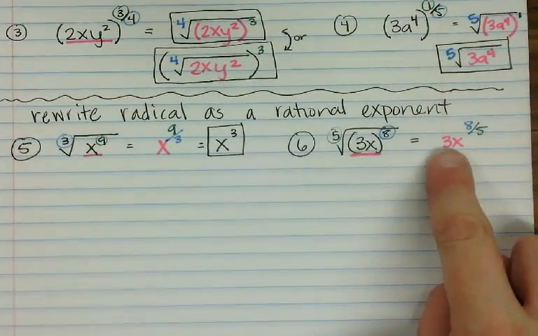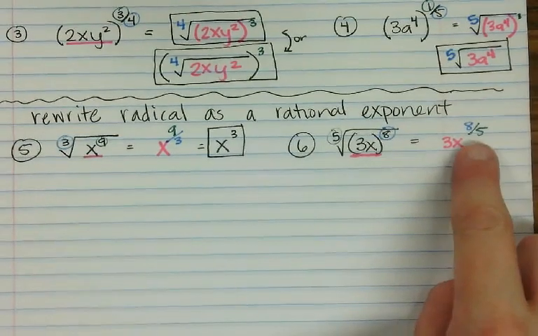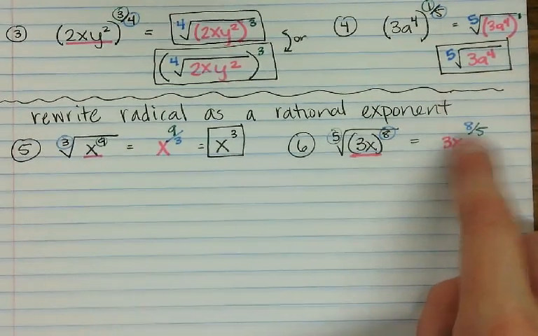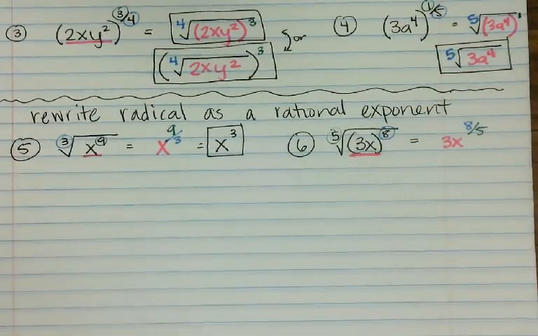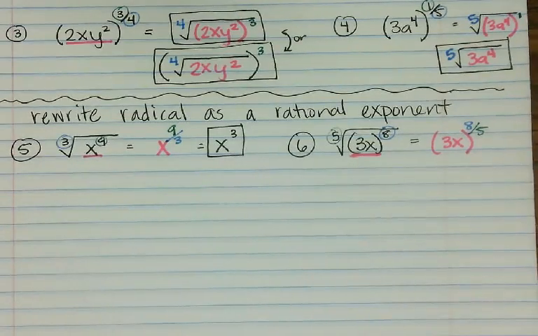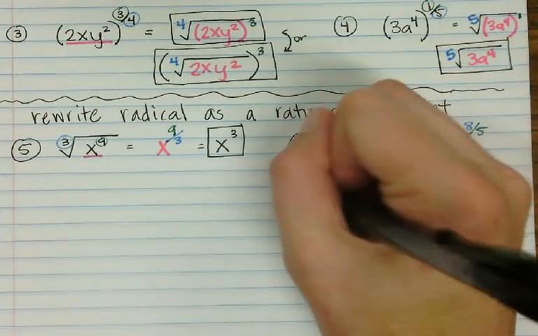However, guys, if I write it like this, 3x to the 8/5, what it thinks that's doing is that's only putting the 8/5 on the x. So you've got to make sure you put it in parentheses so that the entire thing is your base. So guys, this is going to be important.